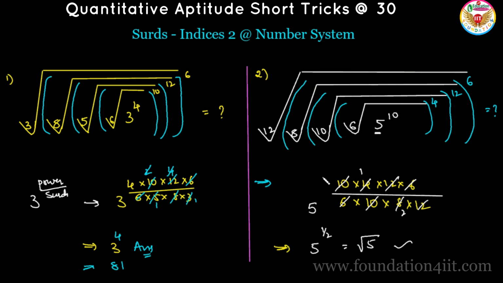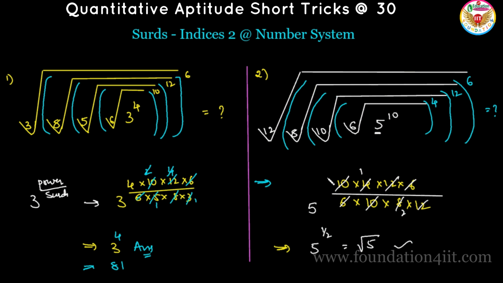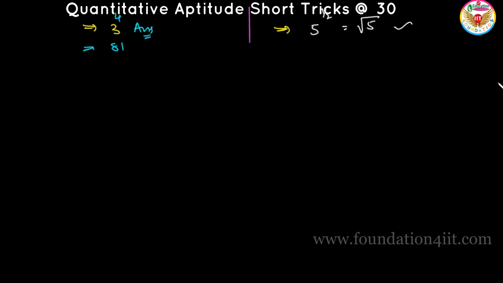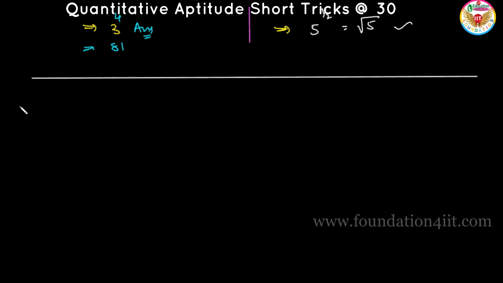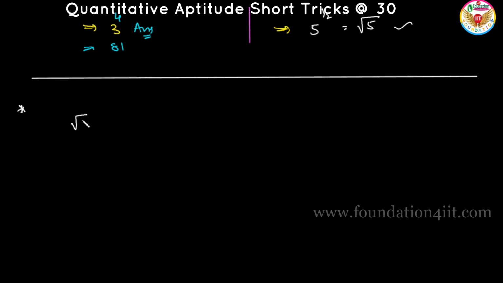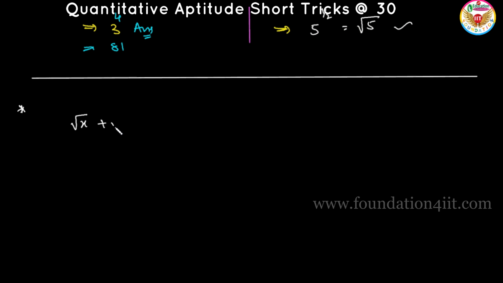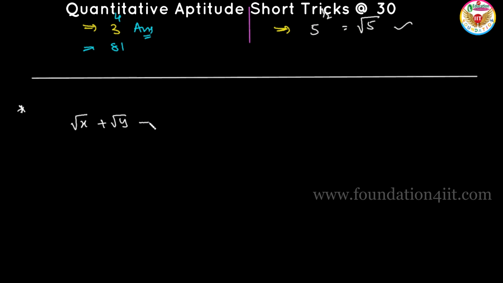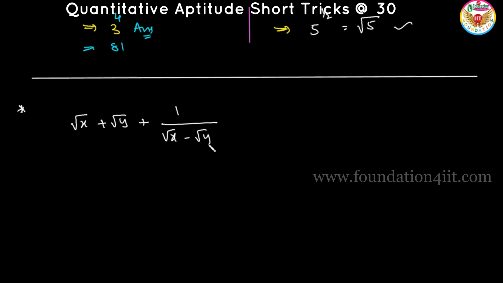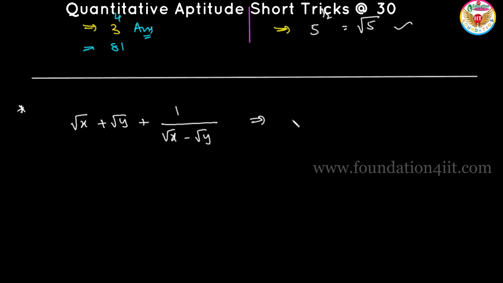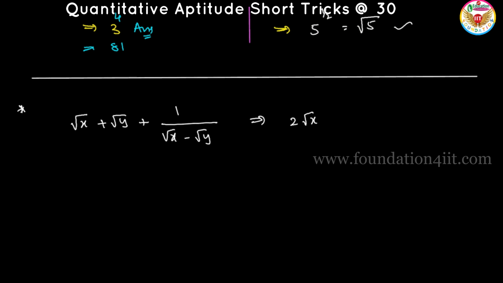Okay, so this is the pattern you can use, and I'll show you two more simple methods in surds along with this. For example, if you observe any question like square root of x plus square root of y plus 1 divided by square root of x minus square root of y, this answer you can take directly as 2 into root x.